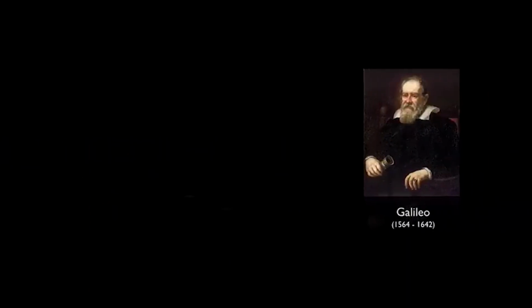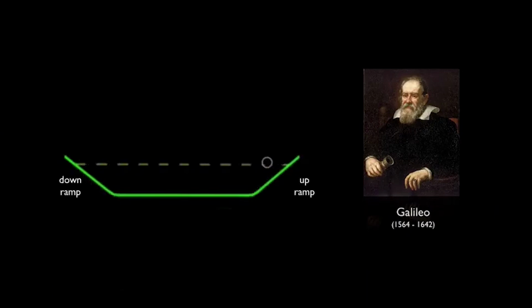To respond to the first objection, Galileo devised an experiment to investigate the nature of motion. His experiment involved rolling a ball down and up ramps at various angles. He found that a ball rolling down a ramp and then up an identical ramp came to the same height.